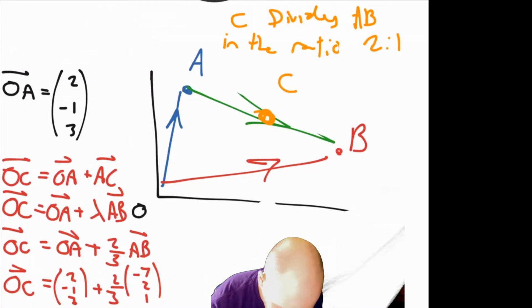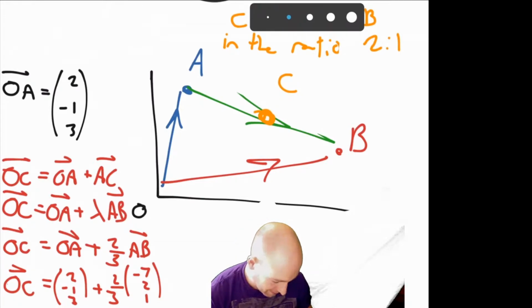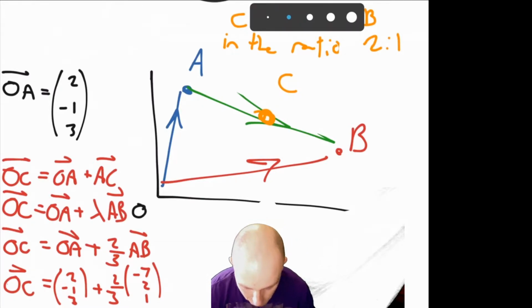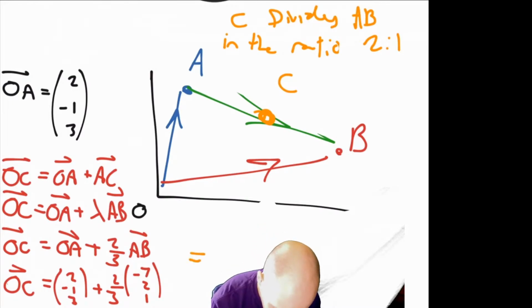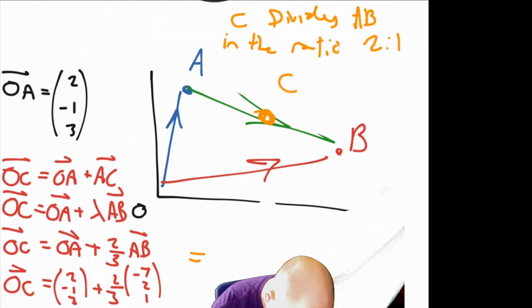So if we work it out, we're going to get, calculator ready, 2 take 14, so that's going to be 12. No, it's not. It's going to be nothing like that because of the 3. Minus 7 times 2 over 3 is minus 14 over 3 plus 2, minus 8 over 3.